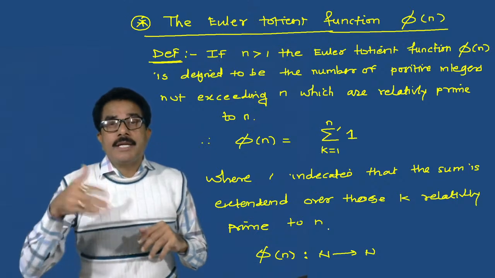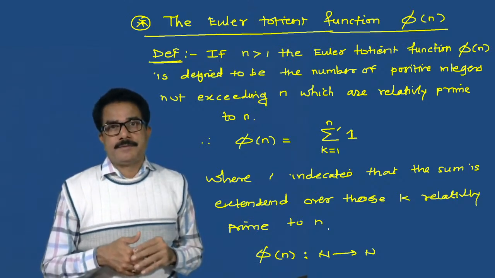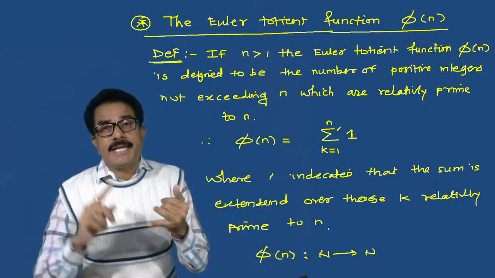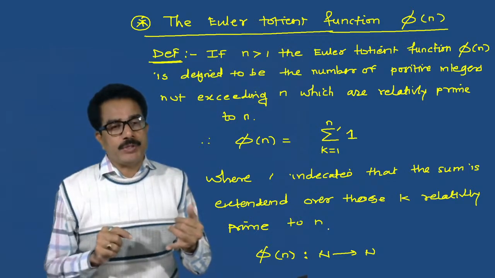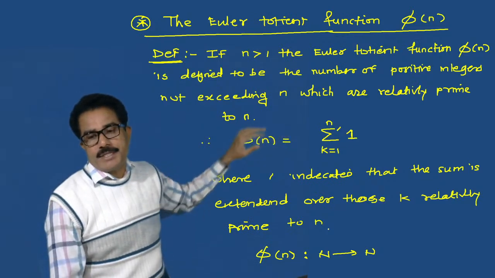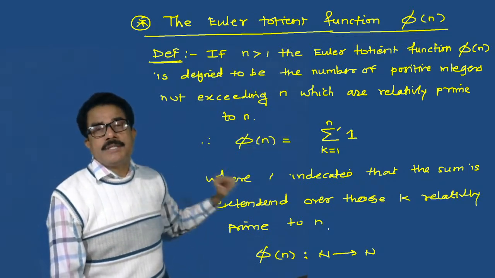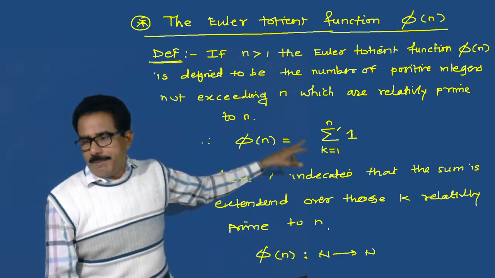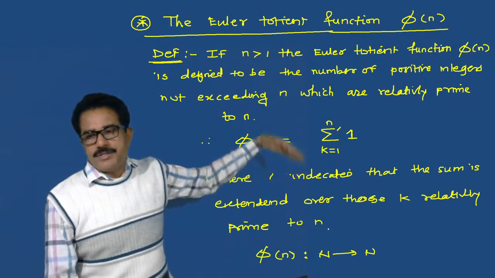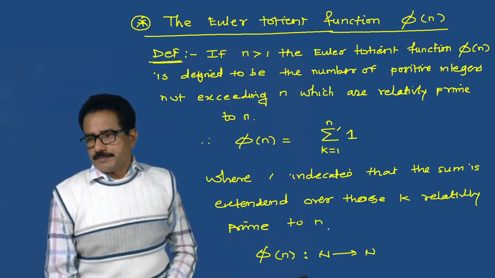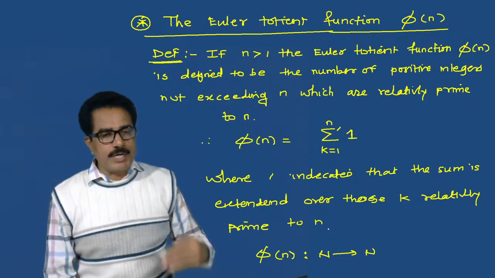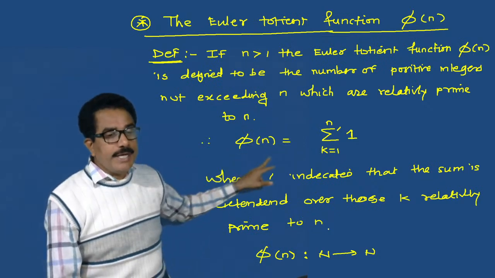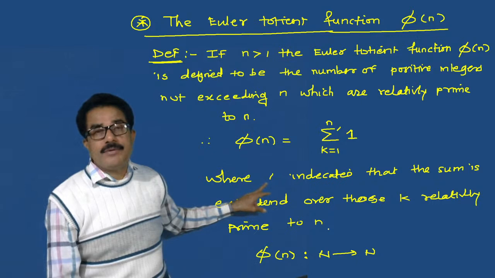We have to find out the number of integers which are relatively prime to n, but not greater than n, and that integer must be positive. See this is the main definition, relatively prime to n. So phi of n is equal to summation over k is equal to 1 to n, summation prime 1. So here in this case, what is the dash?